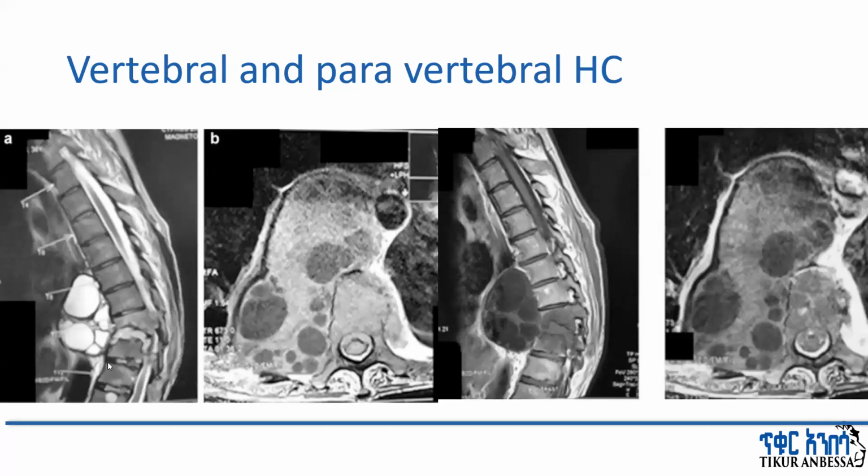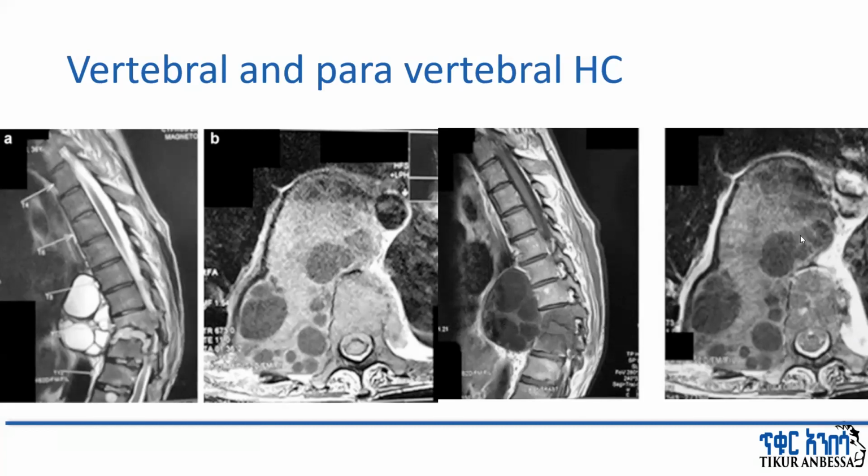Let's see some of the pictures. This patient developed paraplegia and came with a huge mass around the thoracic vertebrae. You can see there is a collapse and there is a cyst extending in the disc space, and here is also another one, the same patient. This is T2 and T1, this post-contrast T2.